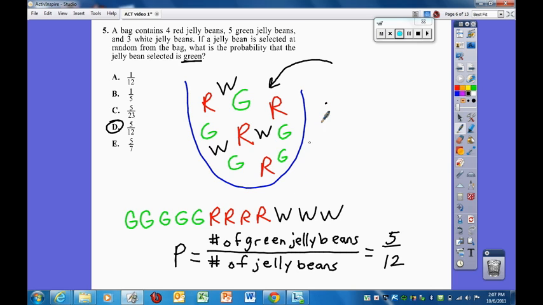Probability, number of green jelly beans divided by number of jelly beans that are in there, period. A general definition, probability could be equal to the number of items available, okay, the number of things available that you are choosing, okay?